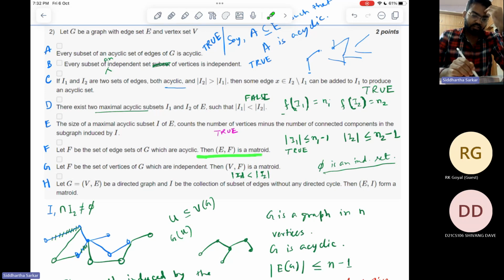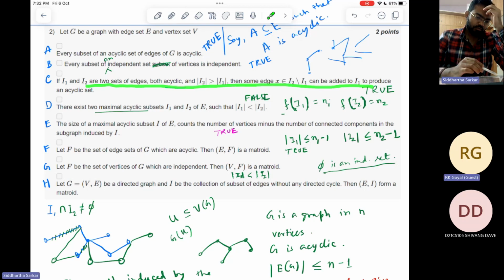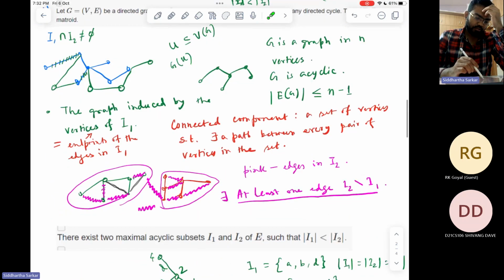In the previous case, to prove that the exchange property is true for this kind of family, we were able to show that there is one edge. If you remember the picture, we were able to identify one edge which was safe to be given to I1 without losing acyclicity.